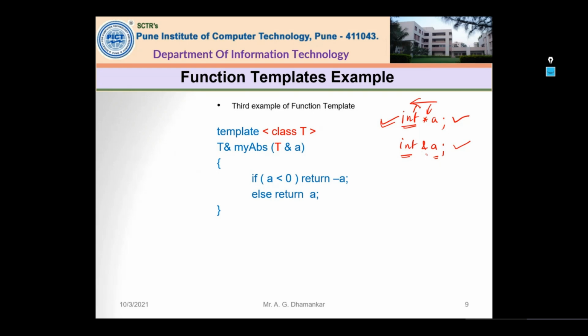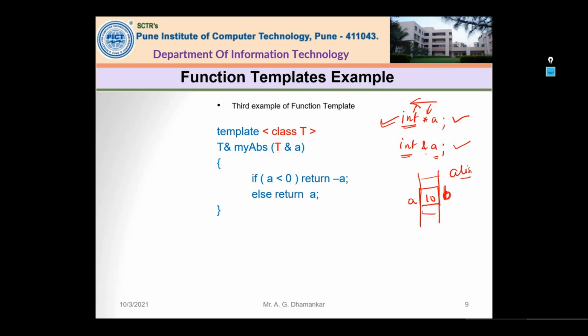A is a reference. So reference means, suppose this is the value a and this is the location a in the memory, and the value is 10. We can take n number of references to this same location. So reference means taking aliases.